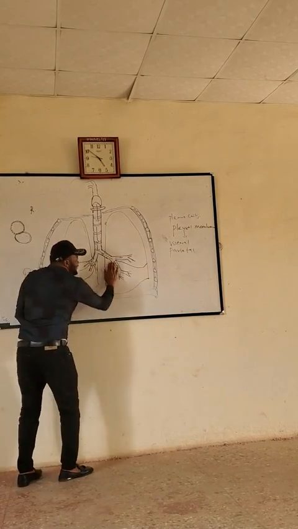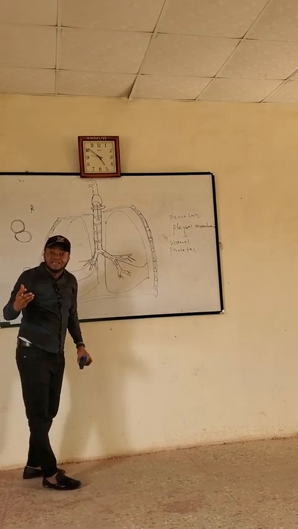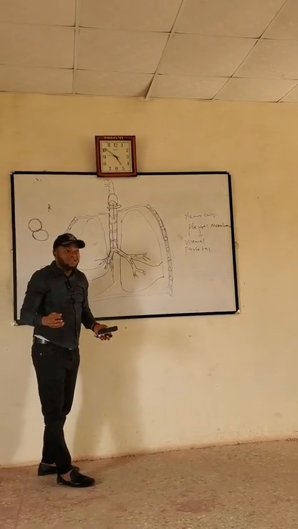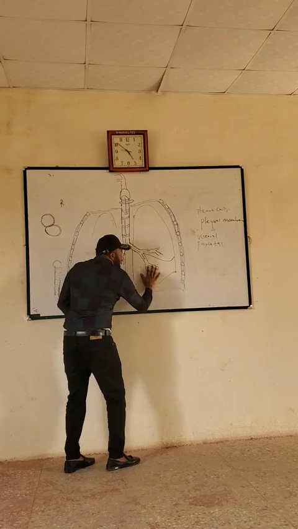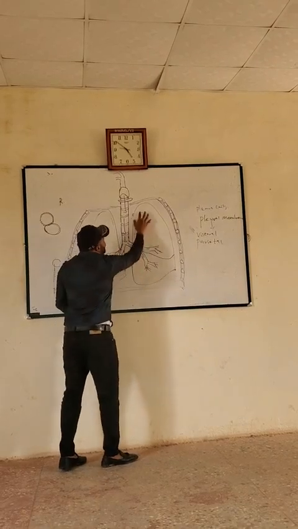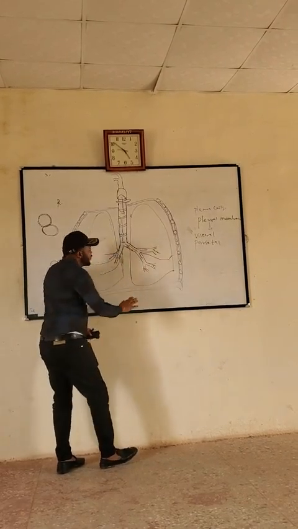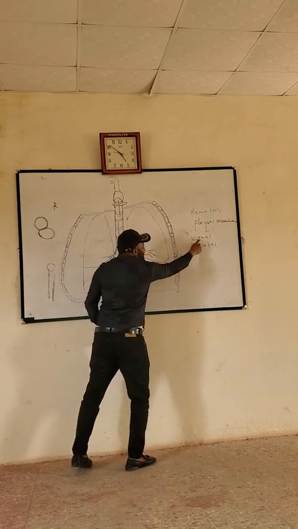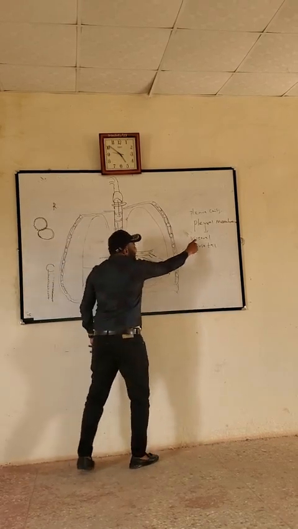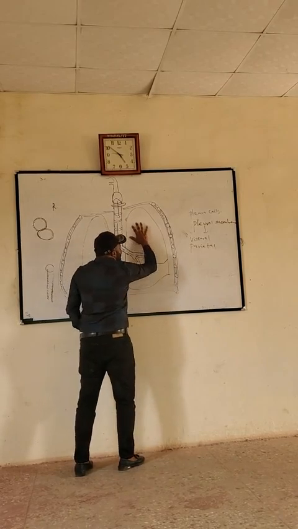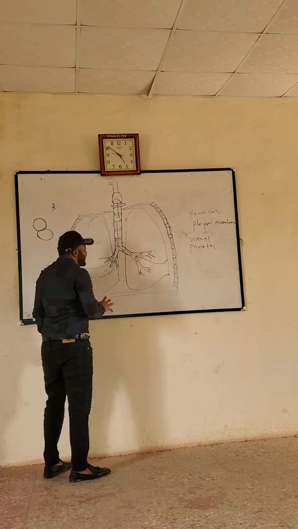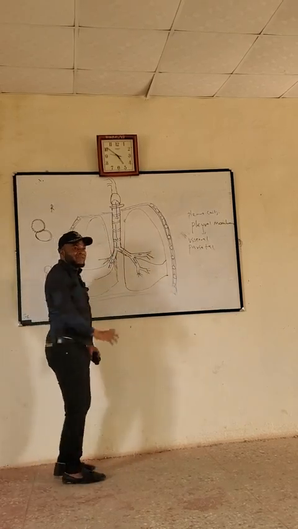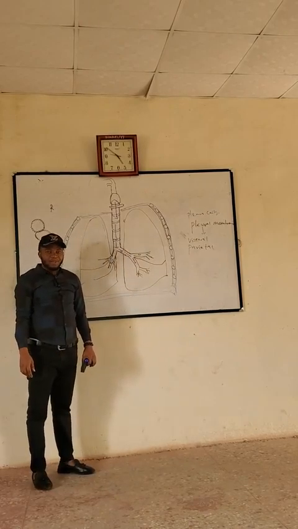So on the surface, because membranes, like we said, are covering layers, on these lobes of the lungs we have the pleural membrane which we call the visceral. The visceral membrane is the one tightly covering the lobe surface of the right and the left lungs. Are you seeing this now?